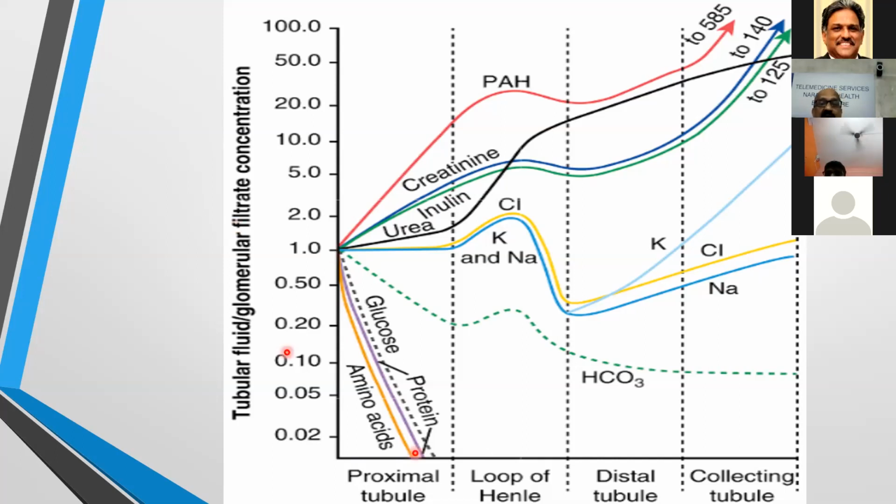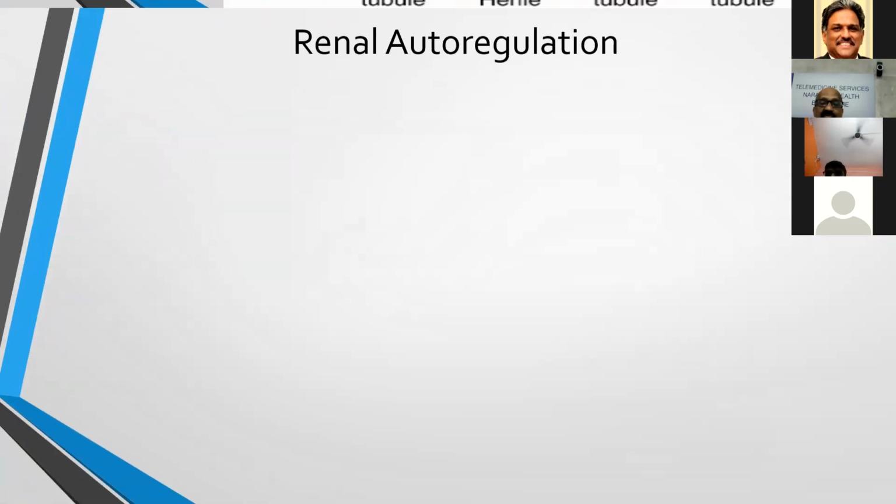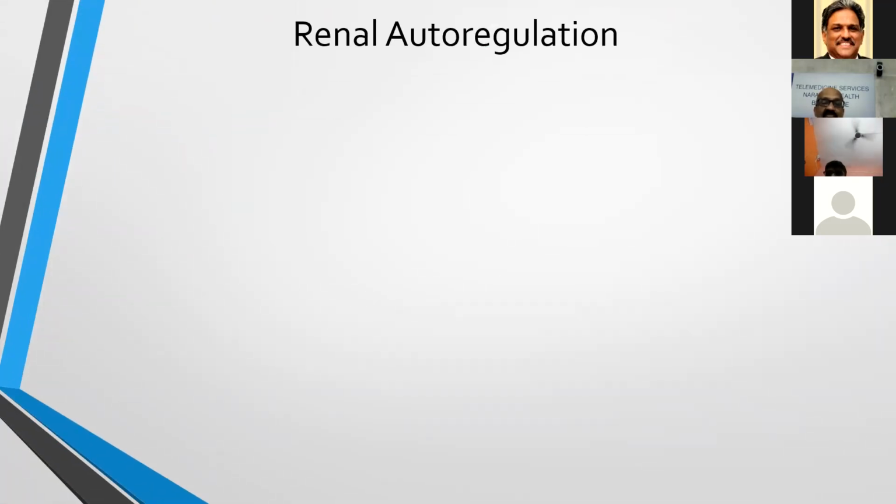So this is the mechanism of how the important things are retained in the body and the waste products or the unimportant things are excreted by the kidney. And this is very important to understand how the kidney functions.